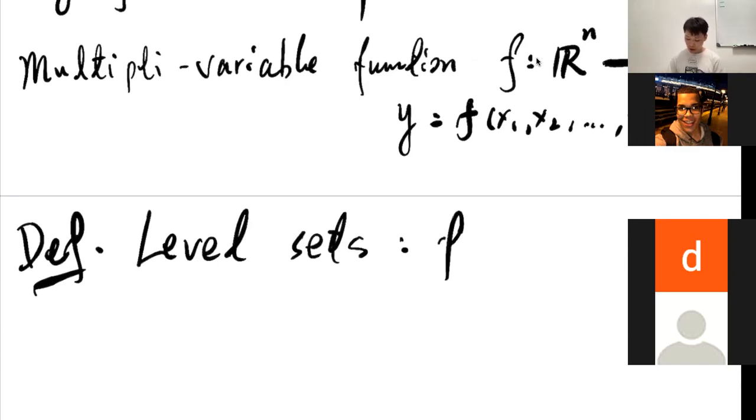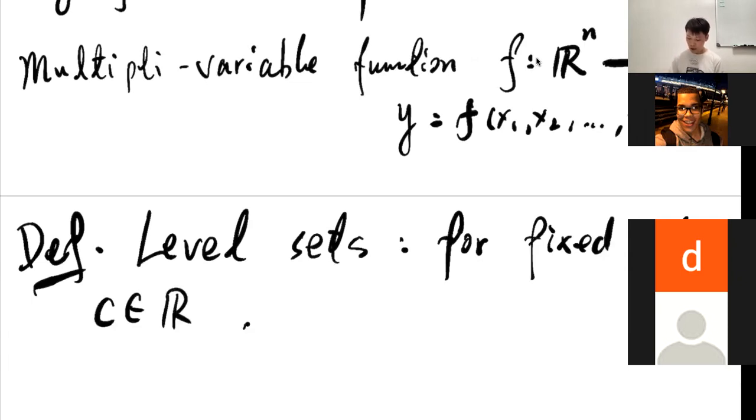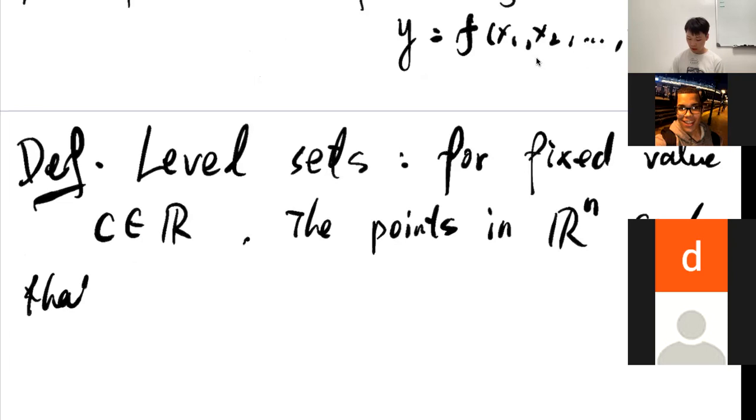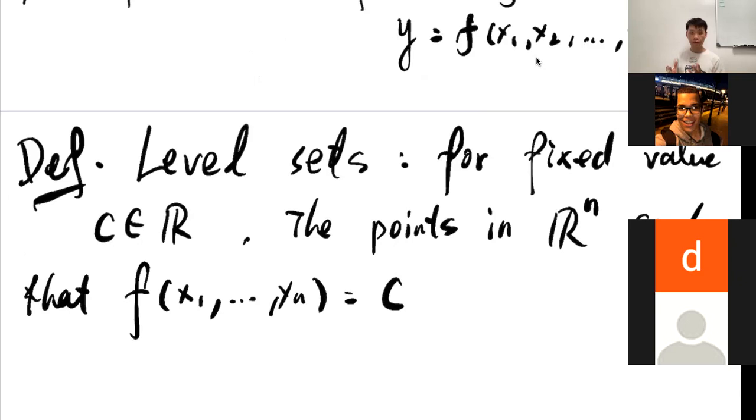So for a fixed value C, a fixed real value, now we'll only look at the points in Rn such that your f of x1, x2, xn, the function returns this given fixed value C. All right, we only look at the points of this.